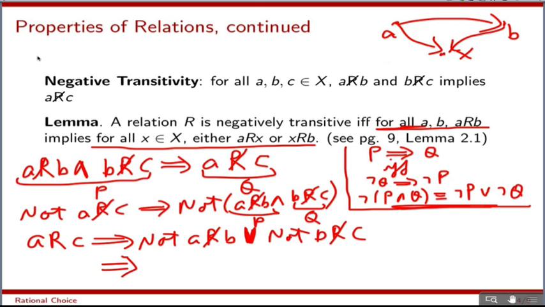If it's not the case that A is not related to B, that means A is related to B, or B is related to C, because if it's not the case that B is not related to C, that's equivalent to B is related to C. So this tells us that there's an easier, equivalent definition for negative transitivity.